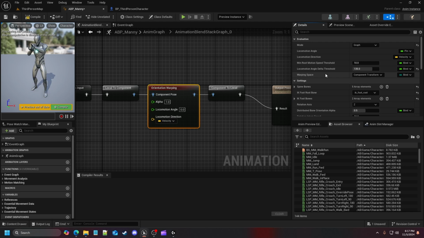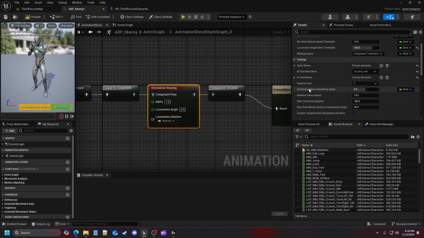But the component transform applies warping relative to the character's component space, which is typically tied to the character's orientation within the world, which is what we want at this moment, unless, like I said, you add the offset root bone node.